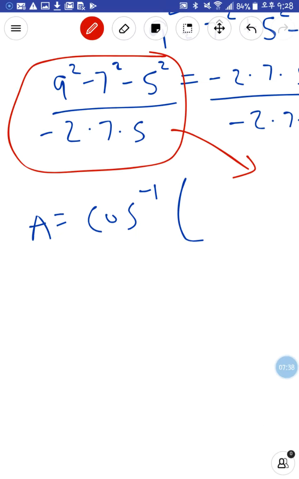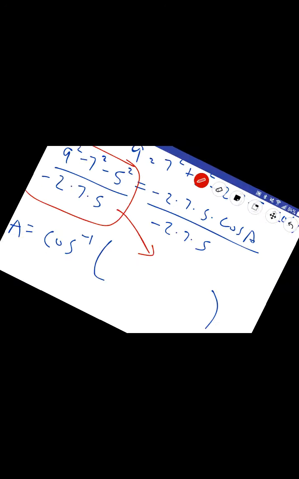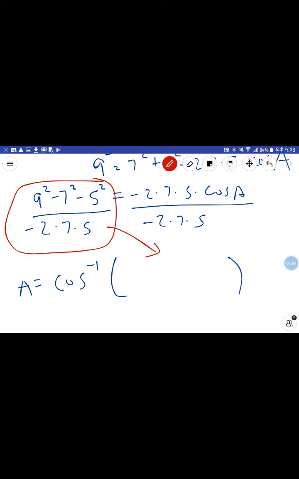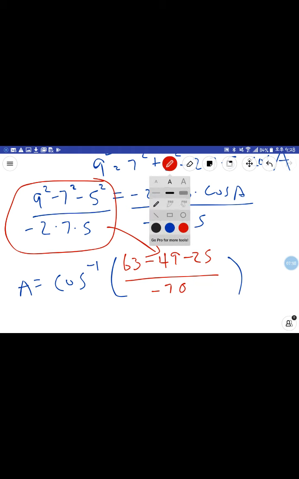So this time I would simplify because it's kind of simple. So 9 squared is 63. 7 squared is 49 minus 25 divided by 2 times 5 is 10, so divided by negative 70. So 63 minus 49, that is 14.